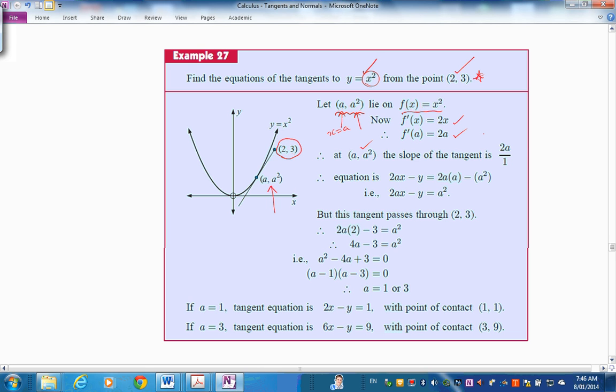So at our fictitious point here, the slope is 2a, so we can now say (y - a squared)/(x - a) = 2a, and go on with that idea here. So what have we got? I think (y - a squared), (x - a), that's good. Do we get the same thing here? 2x - 2a, what have we got here?